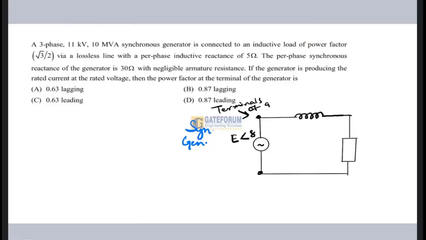This is given as Xs equal to 30 ohm. And this is my load, and at the load side I'm getting a terminal voltage of how much? 11 kilovolt and 10 MVA. So here I have 11 kilovolt.